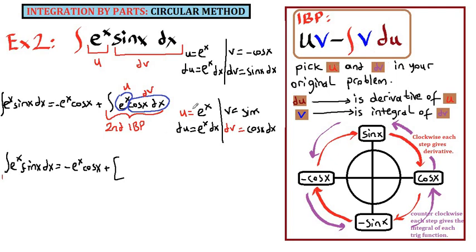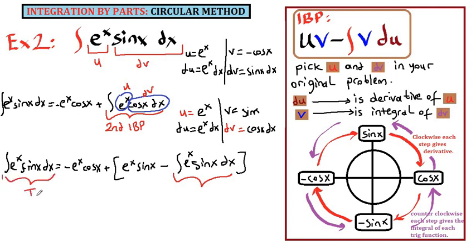So u times v is e to the x sine x minus the integral of v, which is sine x, du is e to the x dx. This part again requires integration by parts. However, this is our original problem, so we need to assign some letter here. Let this integral be I.